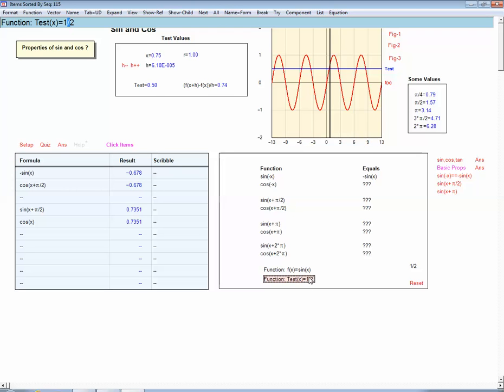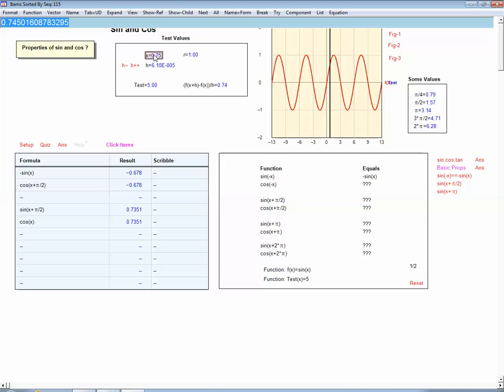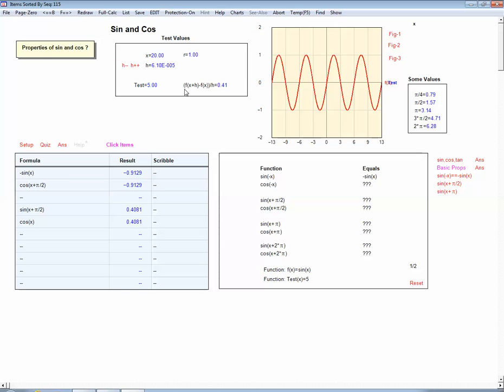I don't even want to see the test right now, so I'm going to make that 5, so it's not even in the picture. And let me put my x to 10, so it's not in the picture either. Well, let's put it to 20. I just don't want it obfuscating things.